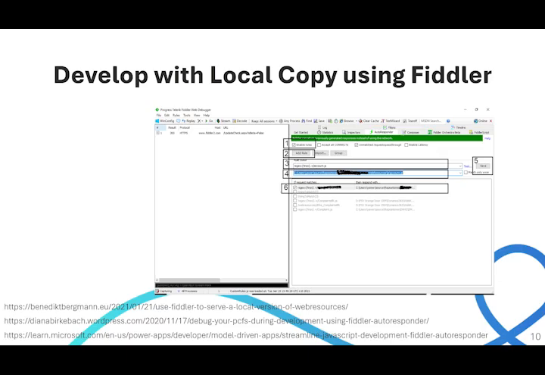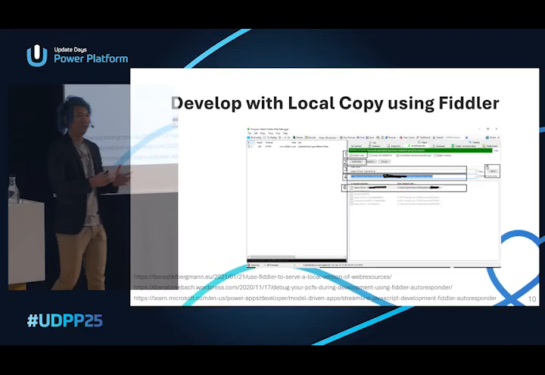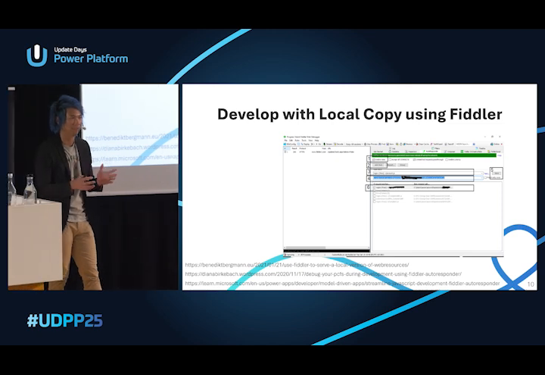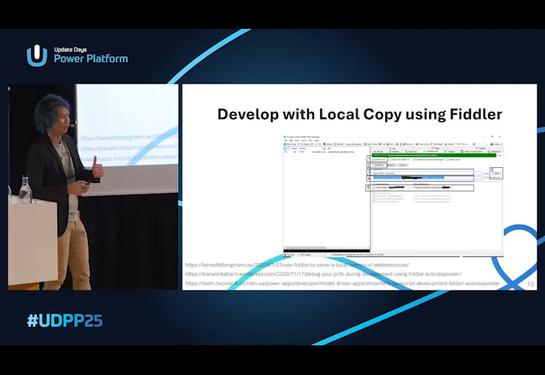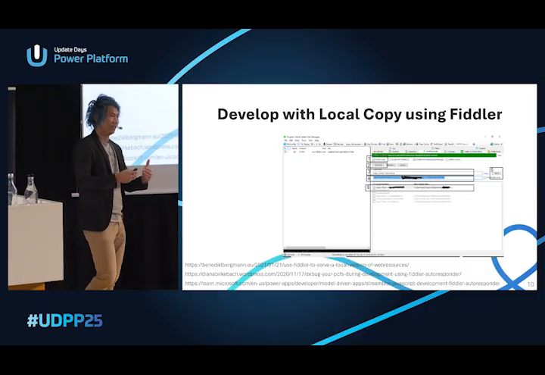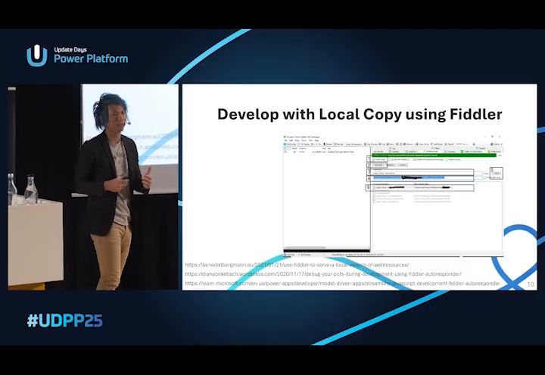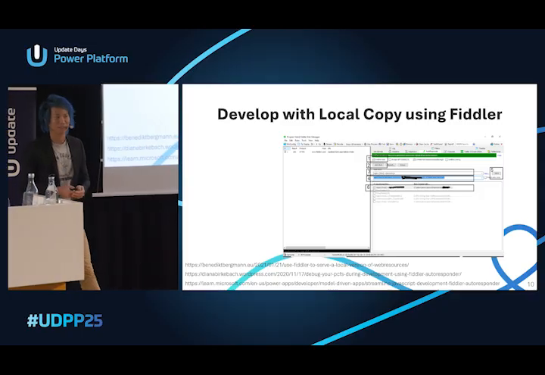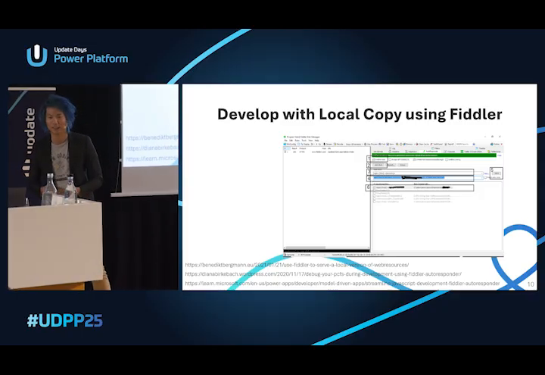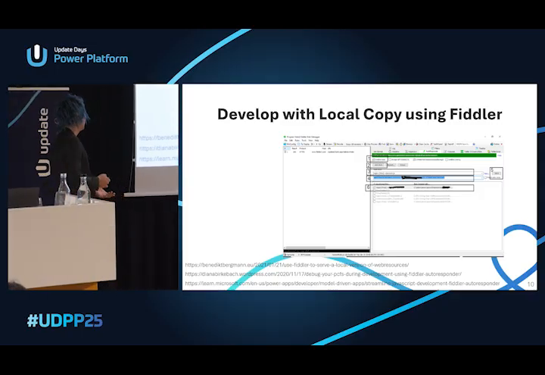We can have a local copy and use Fiddler to intercept and use your code in the browser, instead of doing the publish and save again and again. So this is one of the tips.